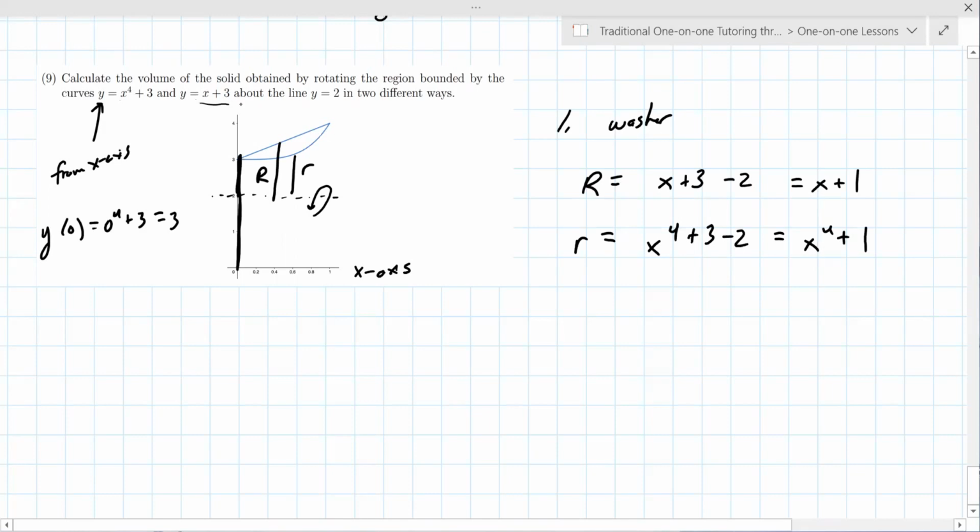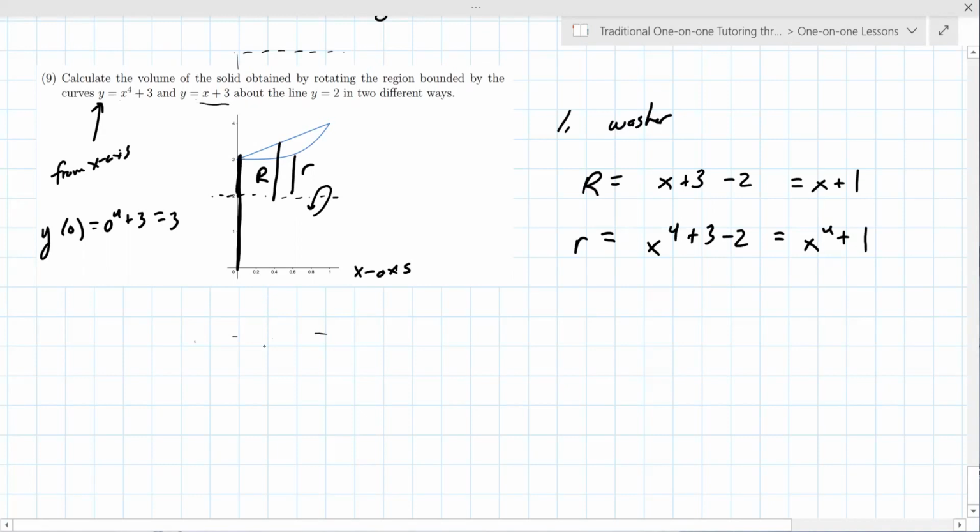If it was above it, this is where it gets complicated. If it's above it, it's up here, and it ends up being that number minus this. Right, because it's higher, it's a high-low thing. But if we were going about a line down here, we would then add it to this, because it's the radius plus this little bit.